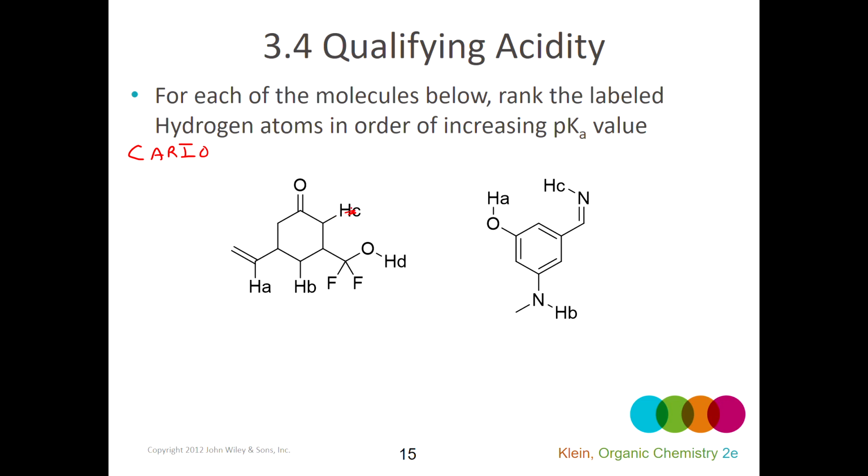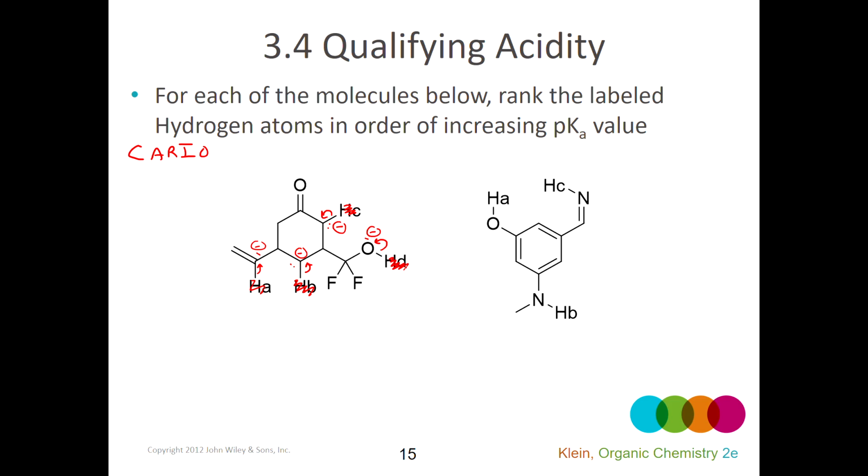So if this hydrogen were gone and the electrons stayed behind here, I would have a negative on a carbon. If this hydrogen were given away and the electrons stay here, I would have a negative on an oxygen. Same thing here, except here if the electrons stay behind, I've got another negative on a carbon. Versus here, again, on another pair of electrons on a carbon.